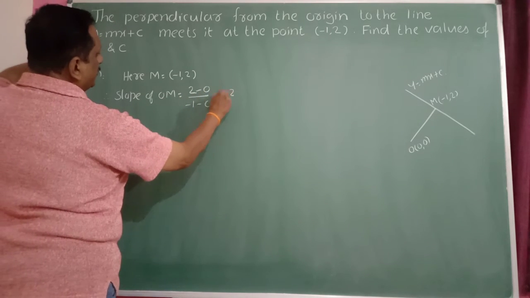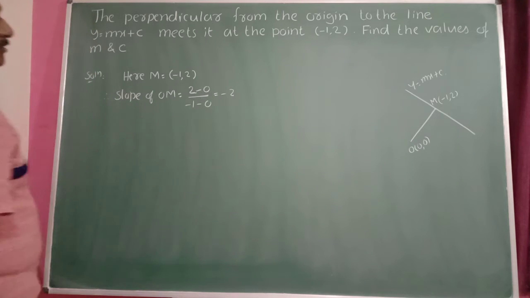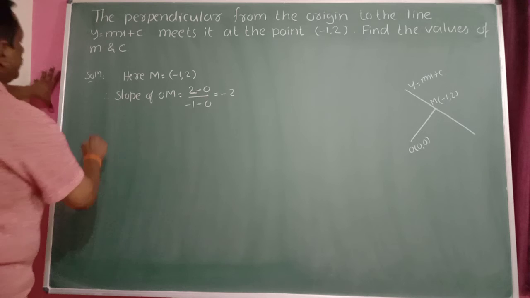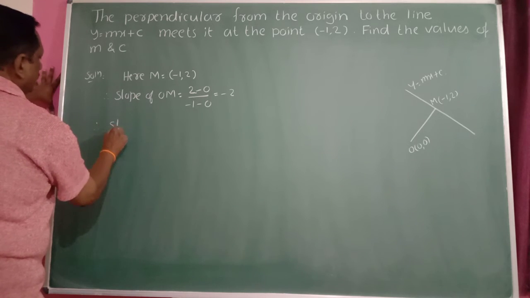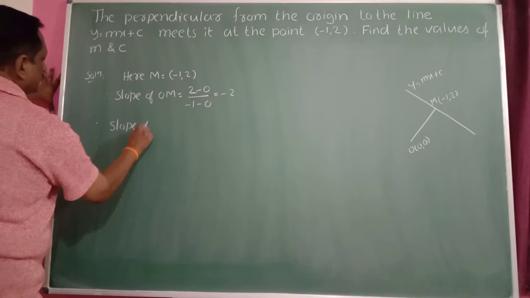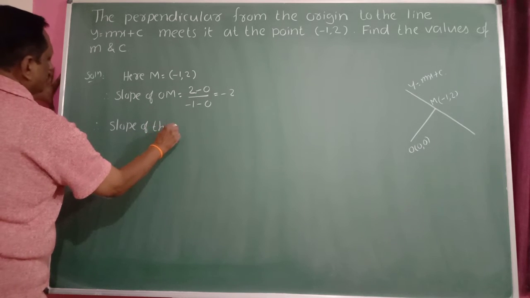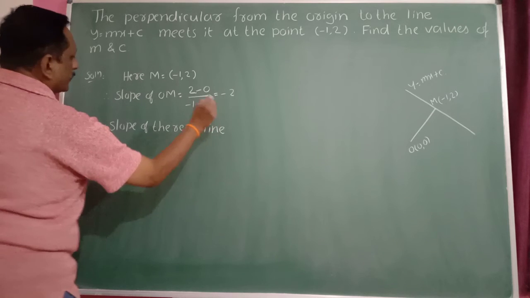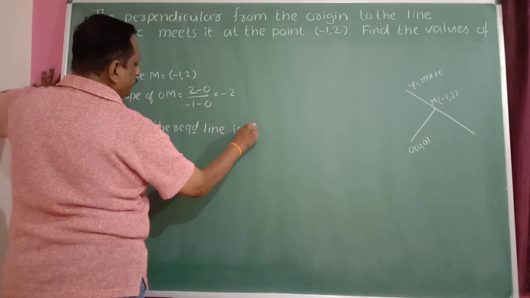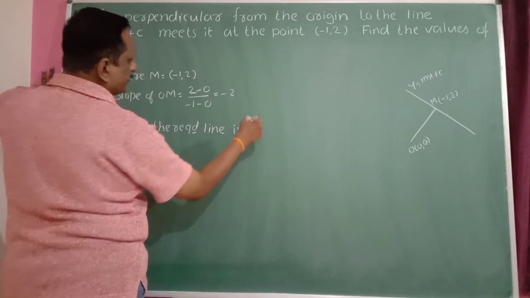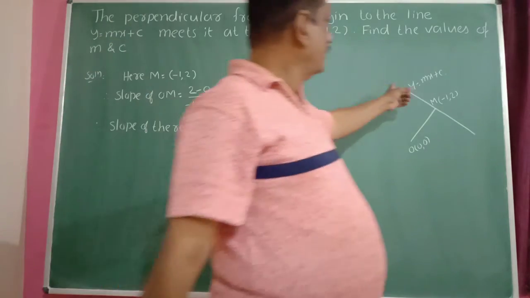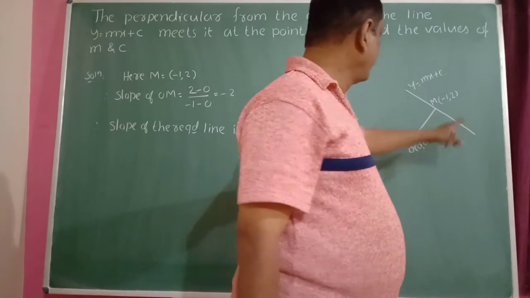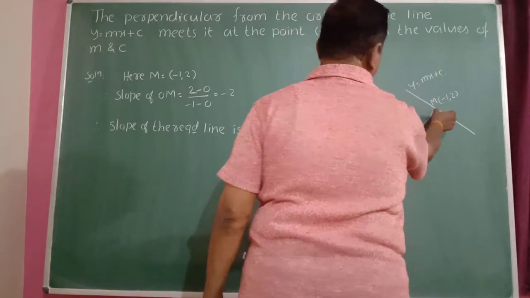It gives minus 2. Slope of the line OM is minus 2. Therefore, the slope of the required line is plus 1 divided by 2. This is the required line. Slope of this line is minus 2. Then the slope of the required line is 1 upon 2 because both are perpendicular here.